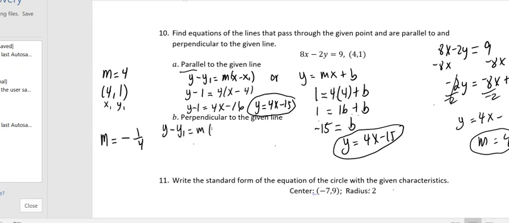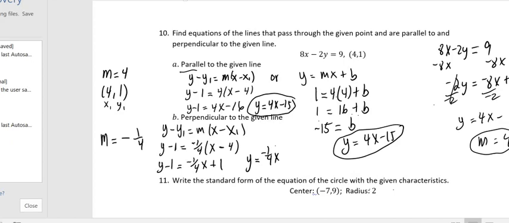I'm just going to do it one way. So y minus y1, our slope, distribute the negative 1/4. Negative times the negative 1/4 times the negative 4 is positive 1. Add the 1, so we get y is equal to negative 1/4 x plus 1 is plus 2.